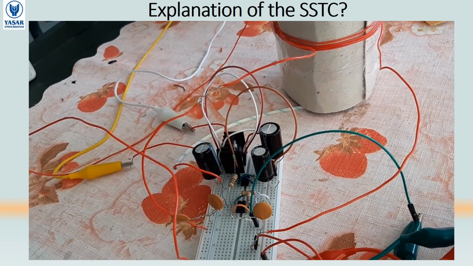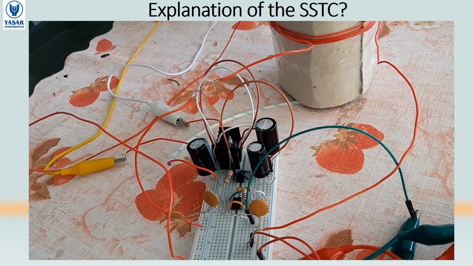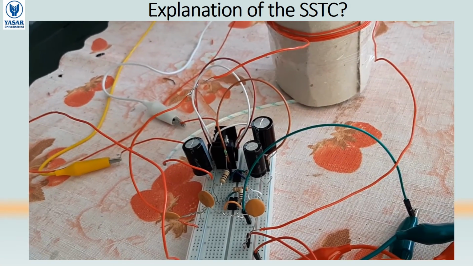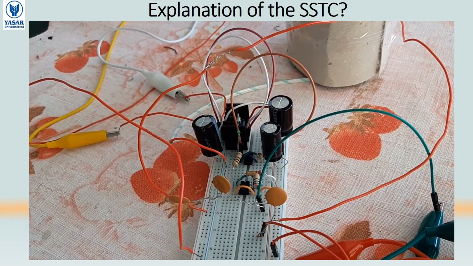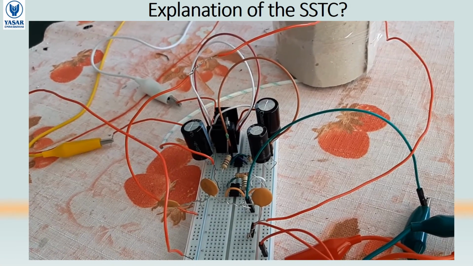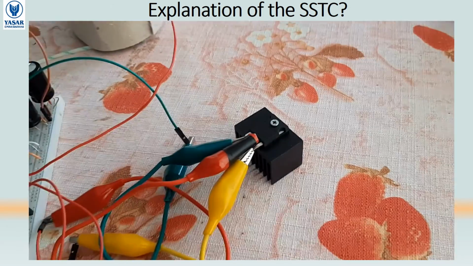After the voltage regulator, we have a 555 astable timer, and we feed this timer with 15 volts, and also we feed the MOSFET driver with 15 volts. The timer circuit is connected to the MOSFET driver with 100 ohms, and this MOSFET driver uses the timing pulses of the timer to drive the MOSFET.